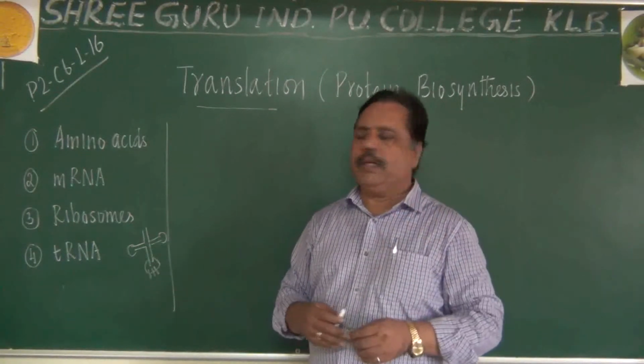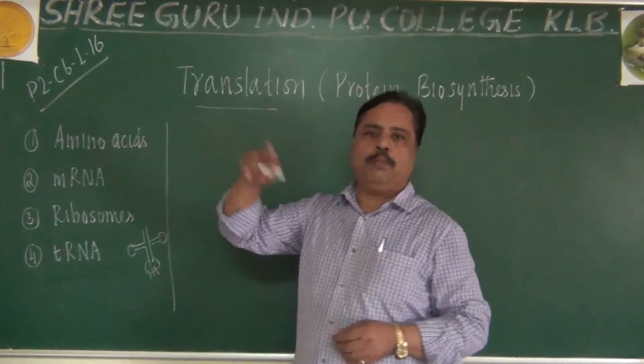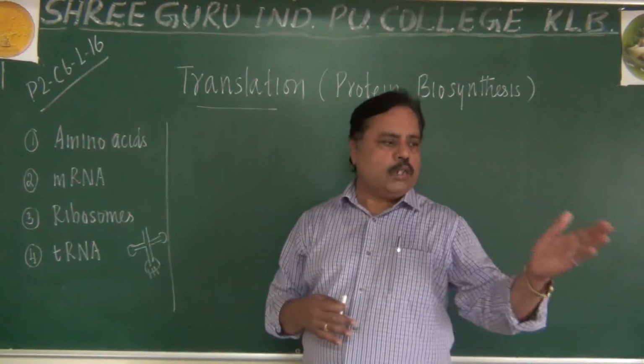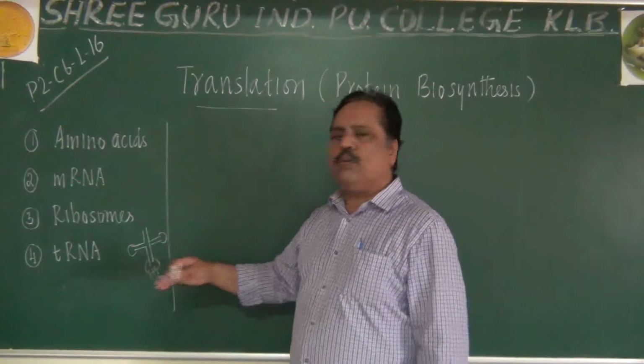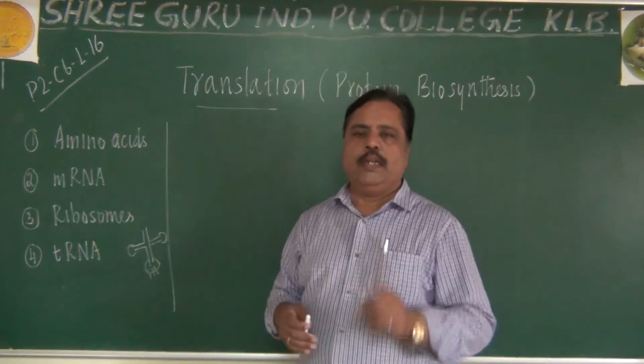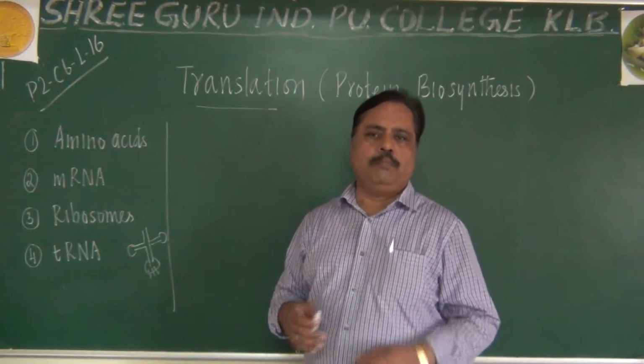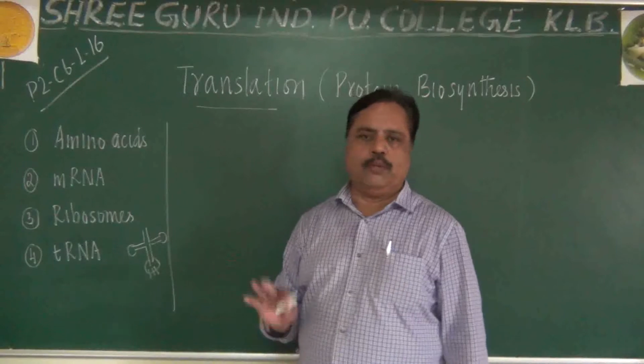Already we saw that mRNA is complementary to the template of DNA. So the template and the anticodon will be similar except for uracil, remember. In DNA, thymine will be present; here, uracil will be present.